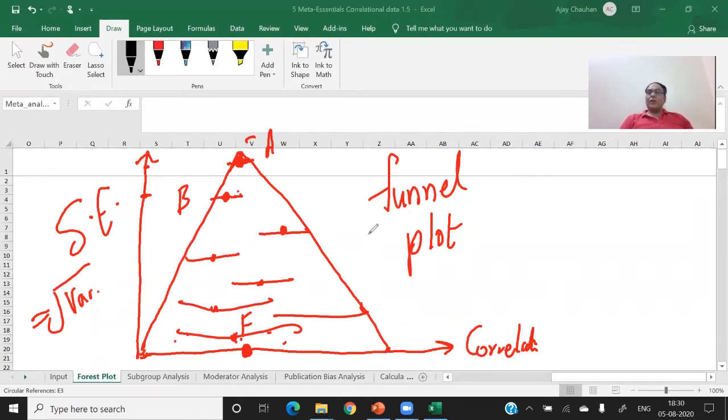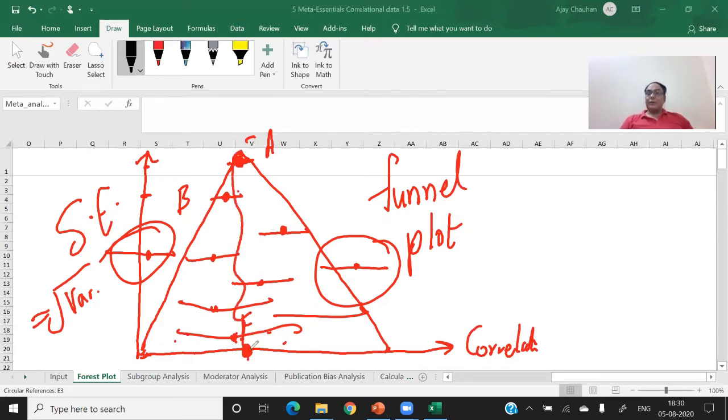Now what happens if some study is lying outside? If some study is lying outside the funnel, we assume that it is an outlier. These outliers may be there because of very low sample size, because if the sample size is very high, all these studies come near the diamond.